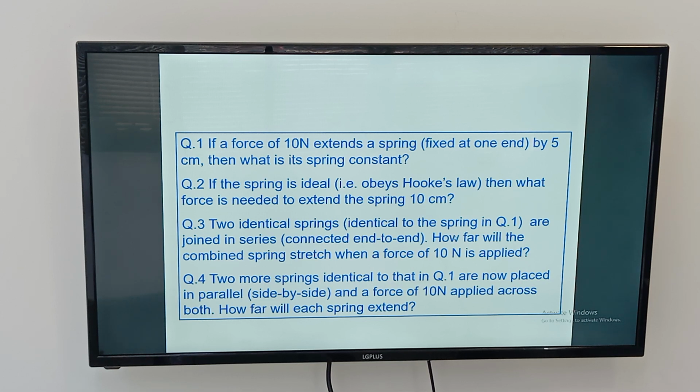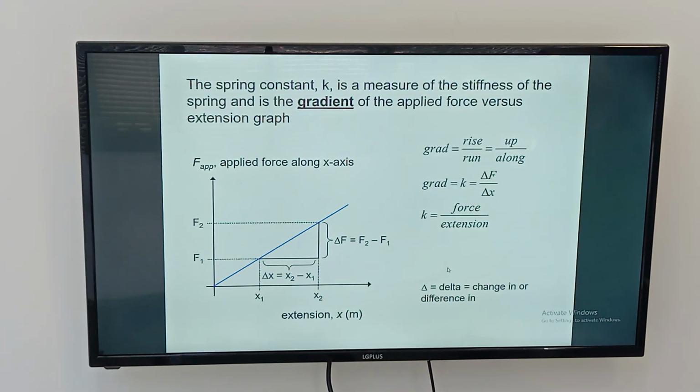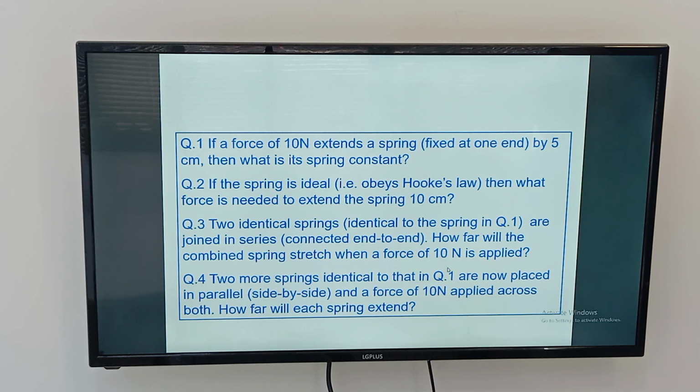Now, how far will the combined spring stretch when a force of 10 is applied? So we're going to say 2 equals 10 over the extension. The extension, if there is one spring, is 5. However, there are two identical springs connected to each other, so we need to multiply the extension by 2.